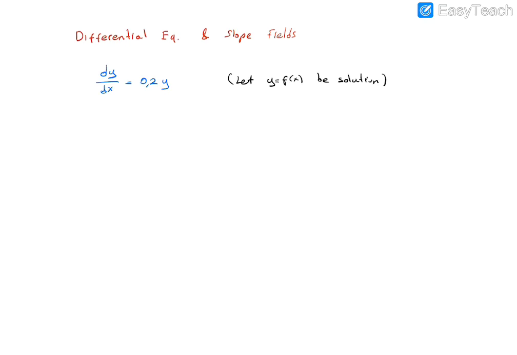The geometric interpretation of this equation gives us the slope of a solution curve that passes through the point (x, y). For example, if y equals f of x is a solution of this equation that passes through the point (0, 2), then the slope of f at the point (0, 2) can be calculated easily from the differential equation.